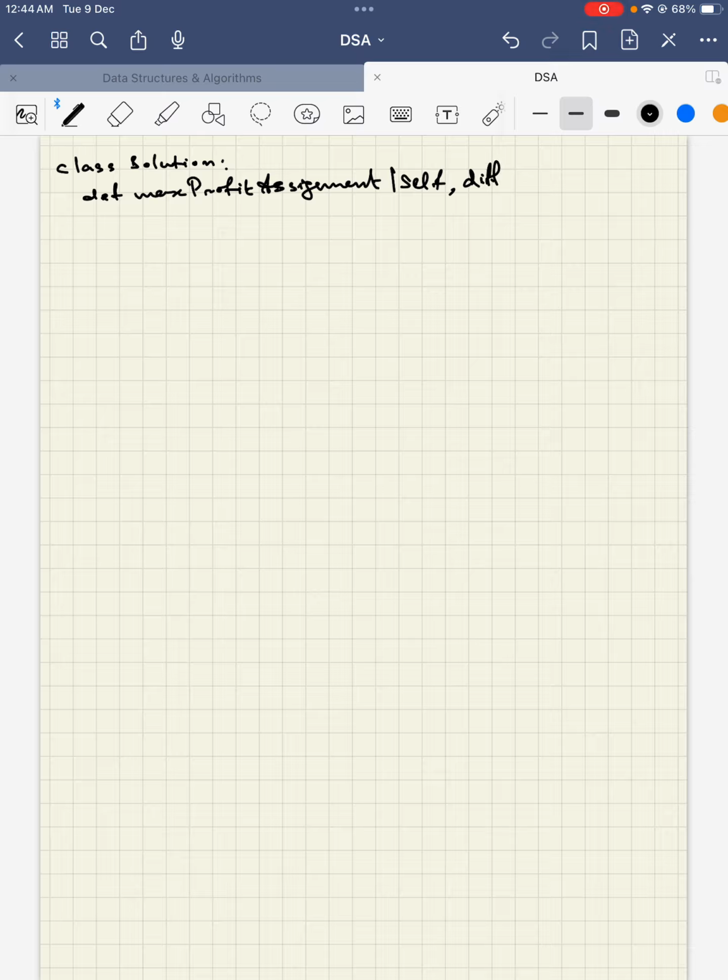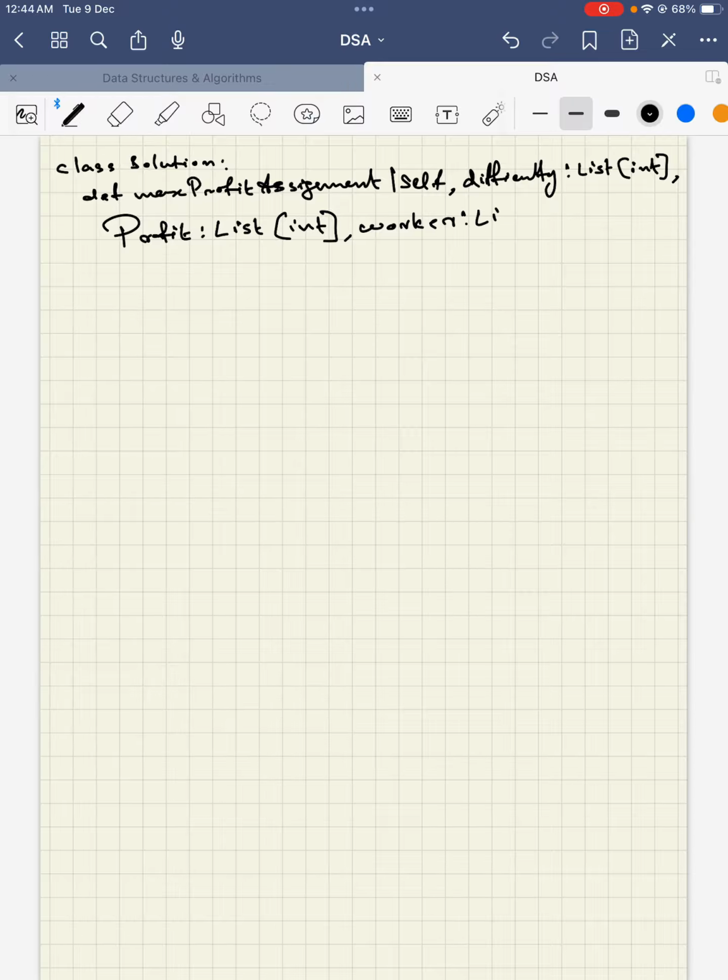One is difficulty, which is a list of integers. Another is the profit, which is also a list of integers. And worker, this list actually represents the skill level. And at the end we just need to return an integer, that is the maximum profit.